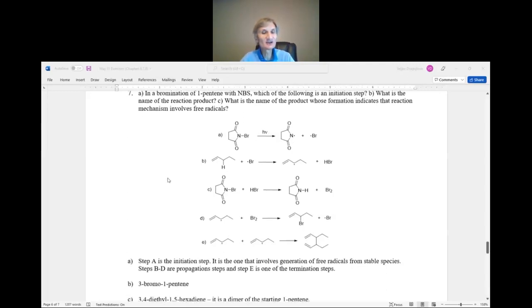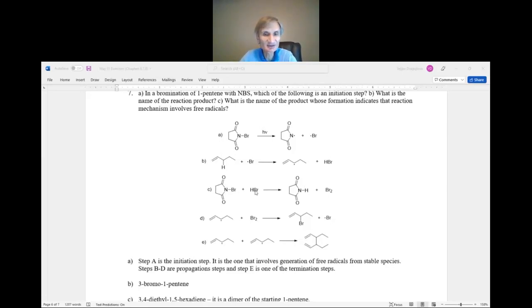Propagation steps are those where the reaction propagates, where one free radical gives a different free radical. You can see that B, C, and D are all reactions in which one free radical reacts with some species to give rise to a new free radical. Bromine radical gives, in this case, a carbon radical, an allylic radical. Actually, this C step is technically a propagation step, but really it's not part of the free radical reaction.